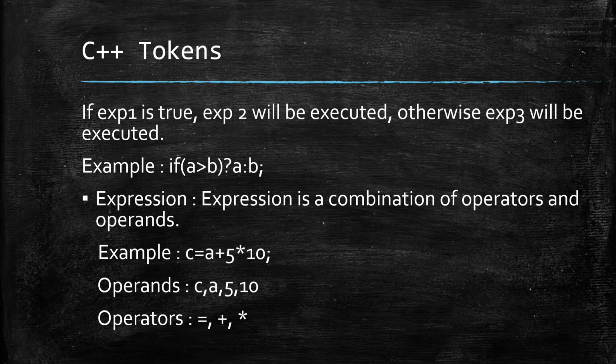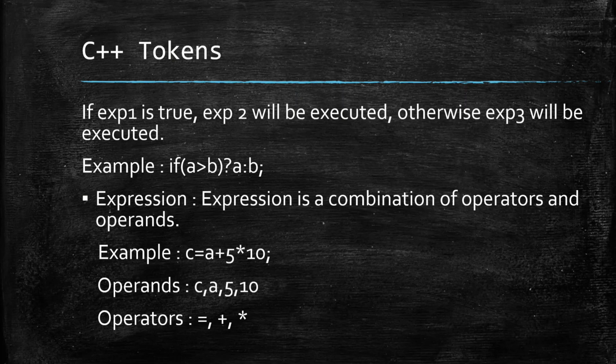So here what's happening? I'm having operators here, right? And I'm also having operands. The combination of operators and operands is called an expression. So you can see here which are my operands?